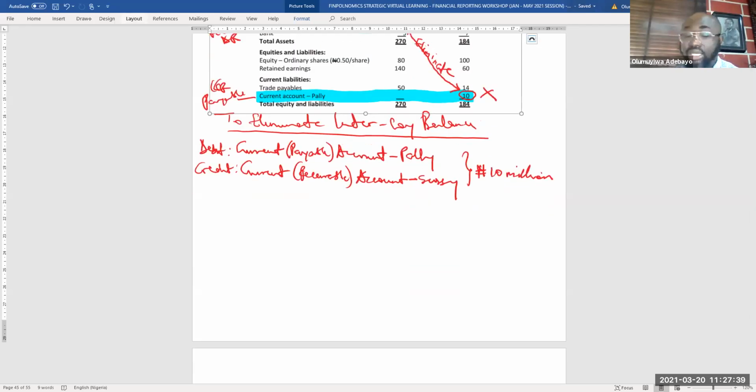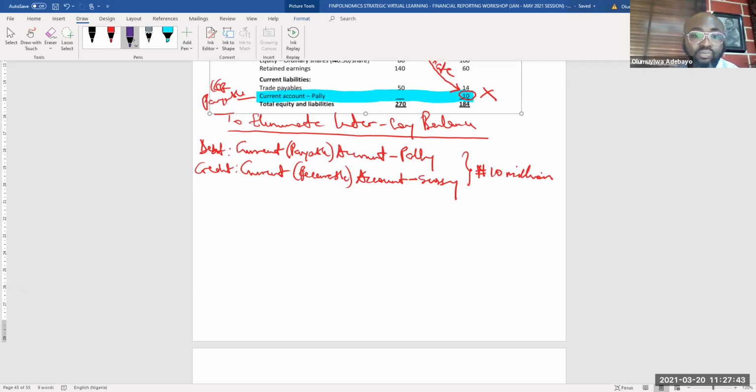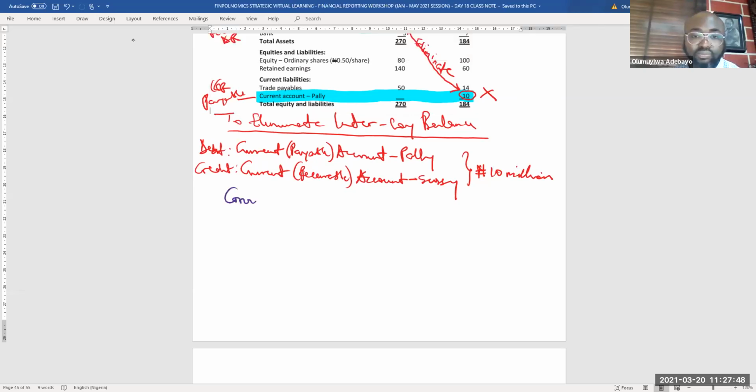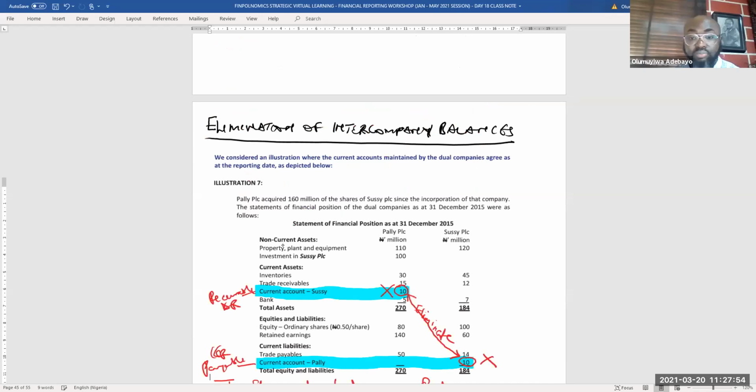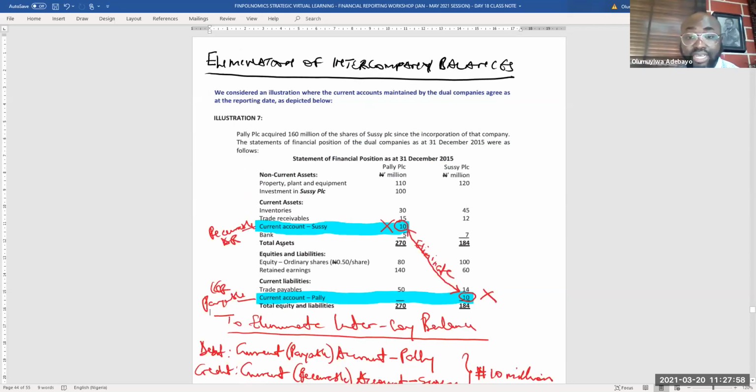What is our group structure? We bought 160 million shares out of how many? Now the share capital here is 100.